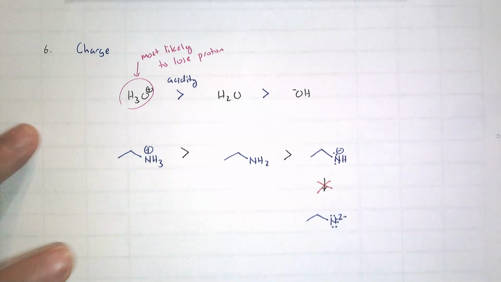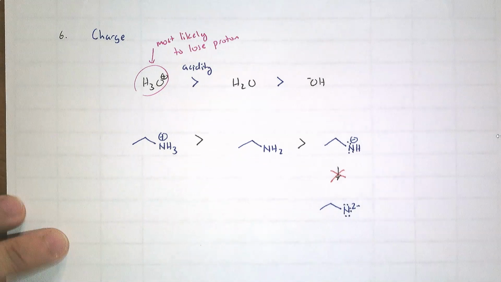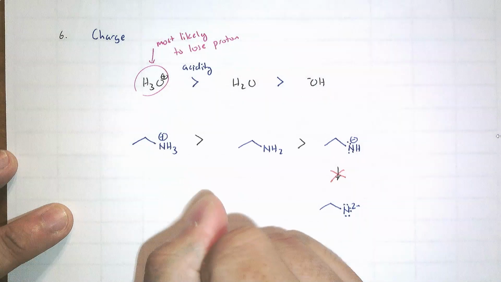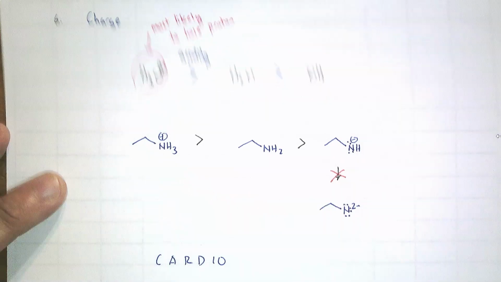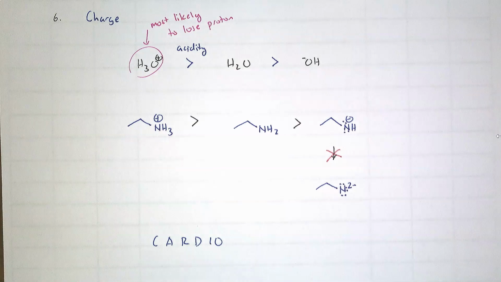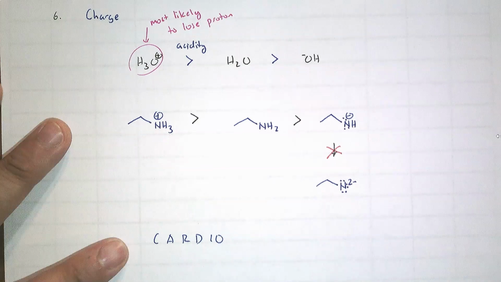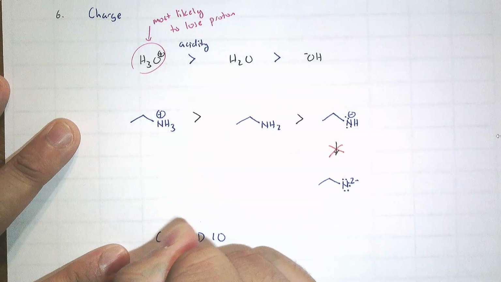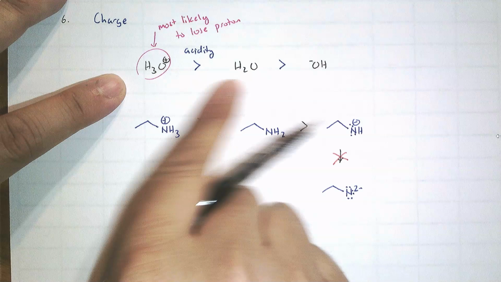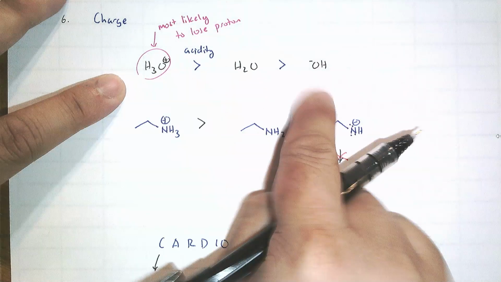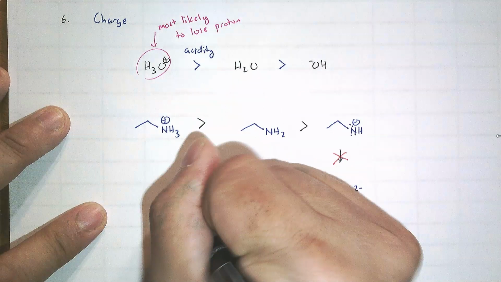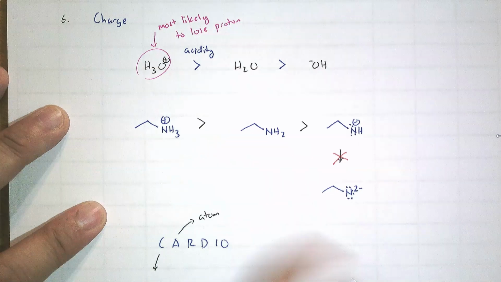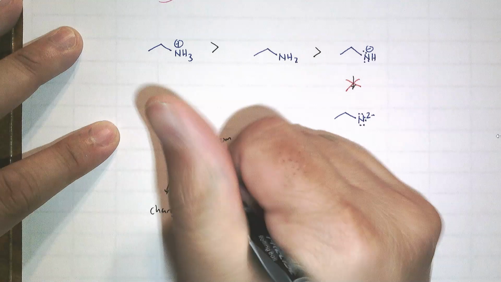I like ARIO now that I've seen it, but also online I saw cardio. You can look it up. I apologize, I forgot who this is attributed to, but maybe you should look at charge first because that's the most obvious. But then after that, you look at the atom: atom electronegativity and atom size, resonance.